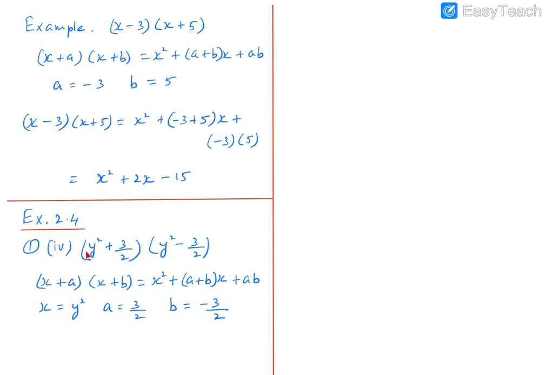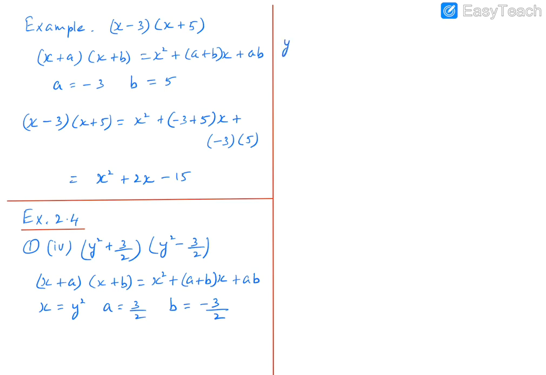So x is the same as y squared, and plus a is plus 3 by 2. And x plus b, so x is again y square, and plus b is minus 3 by 2. So we will substitute these values in the right hand side of the identity, and we will see what we get. That will be the final answer.